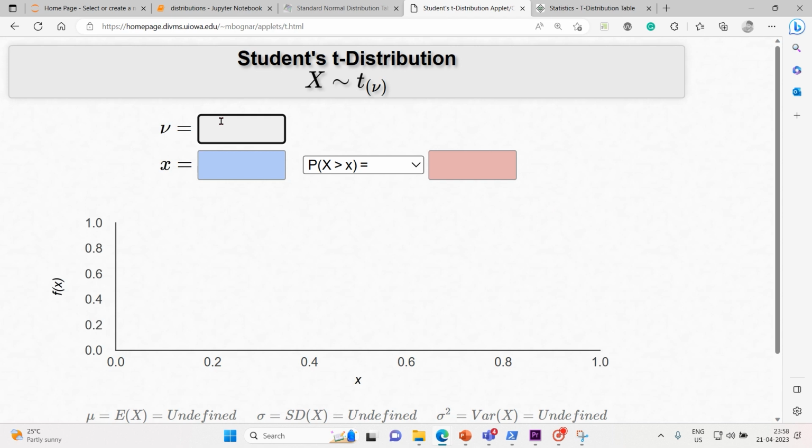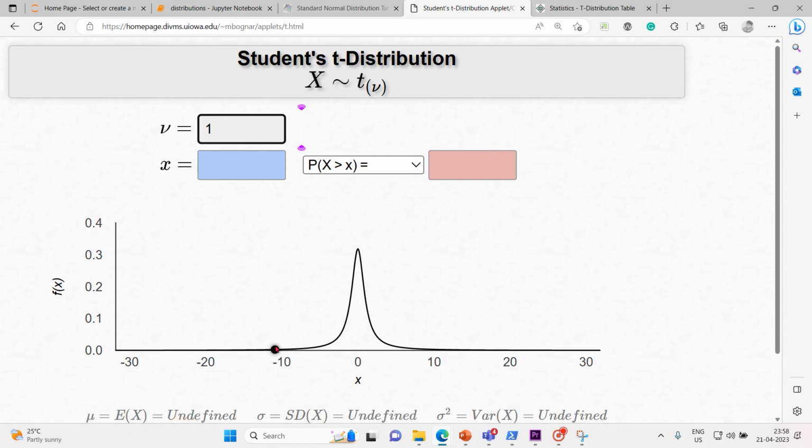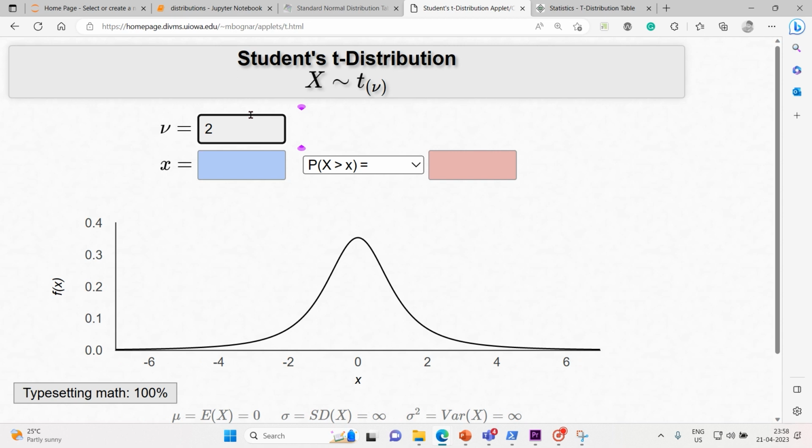So what we are trying to say: when the degrees of freedom are smaller, the estimated parameter is more variable, and this affects the precision of statistical tests and confidence intervals. So this is what happens when this one is smaller. When this is increasing, your distribution is also improving.